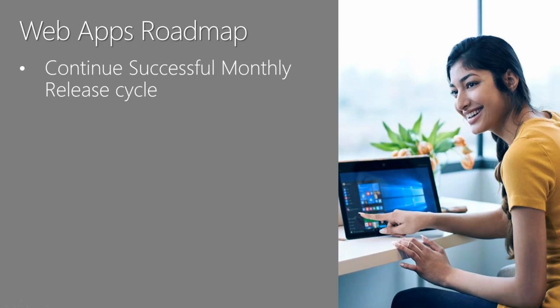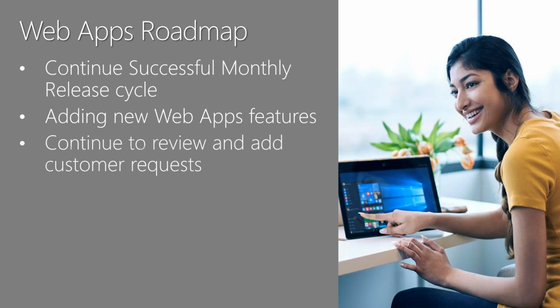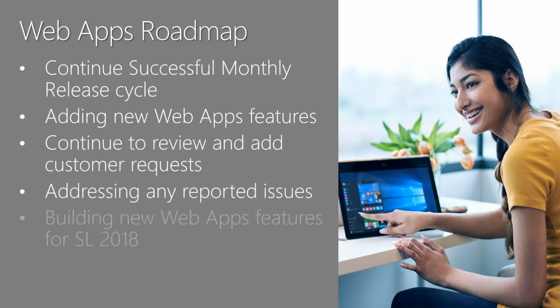So those are just some of the things. What we're really learning here is that this idea of doing monthly releases, especially around something like web apps that we're trying to grow and add to and get great feedback on, has been hugely successful for us. We've been able to turn around and address customers' needs much quicker than we have in the past.